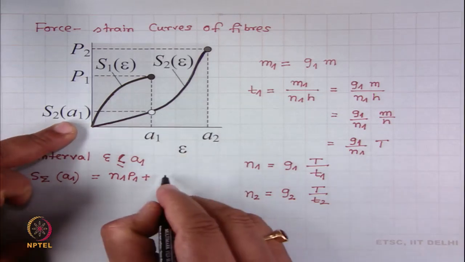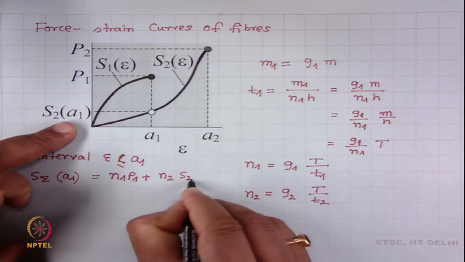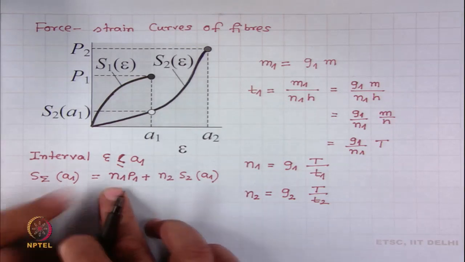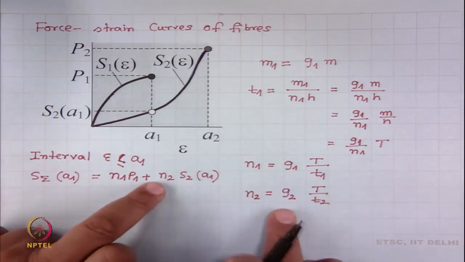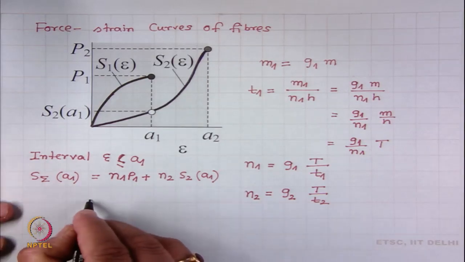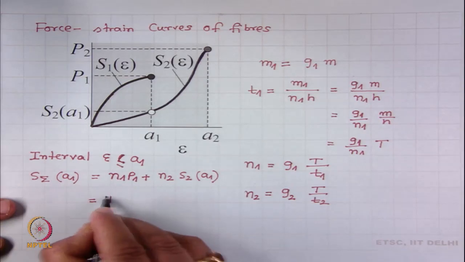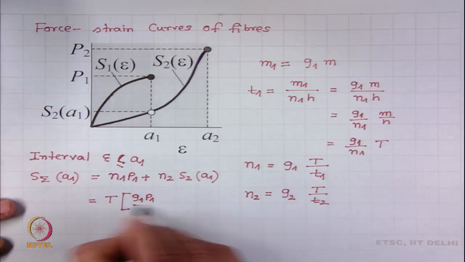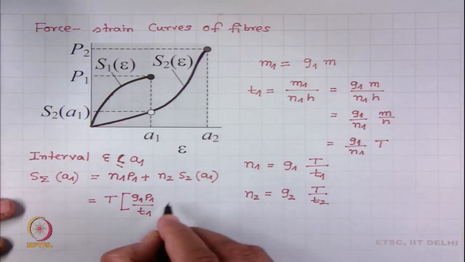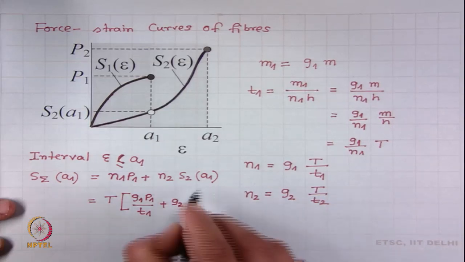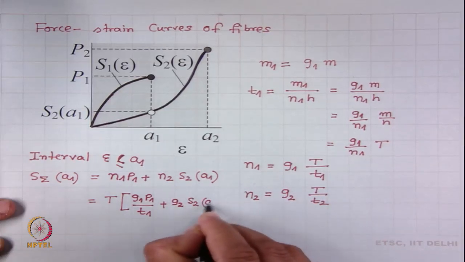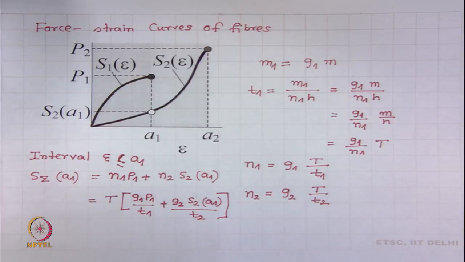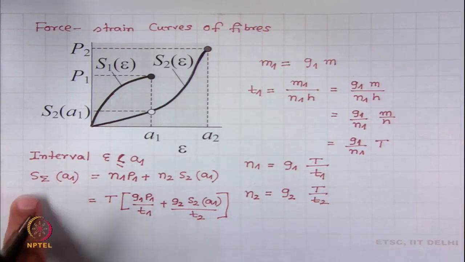N2. If we substitute N1 from here and N2 from here, what we will see is capital T times G1 P1 by t1 plus G2 S2 A1 by t2. So, this is how it can be calculated.